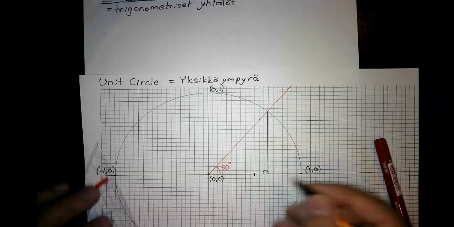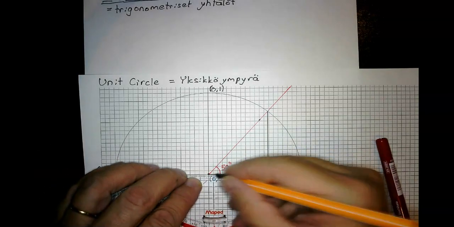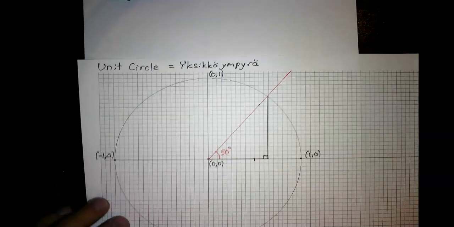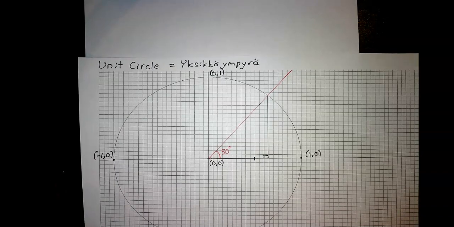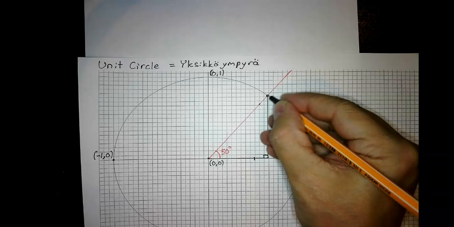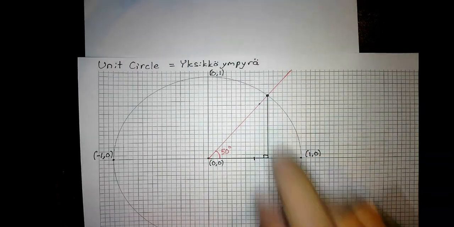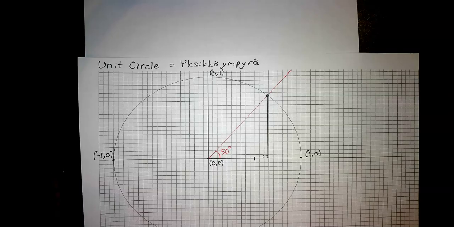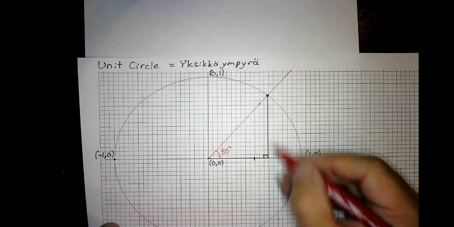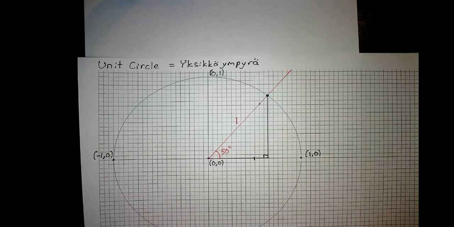We have here a right angle triangle. And if we check the coordinates of this point here, remember this is a unit circle which has a radius of 1, so that means that the hypotenuse of this right angle triangle is 1 unit.